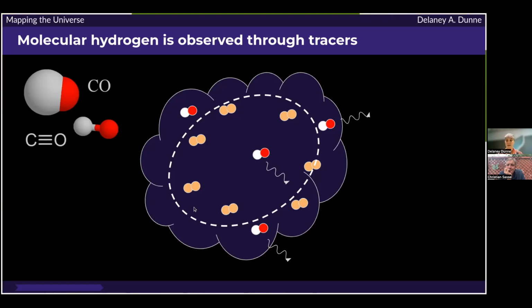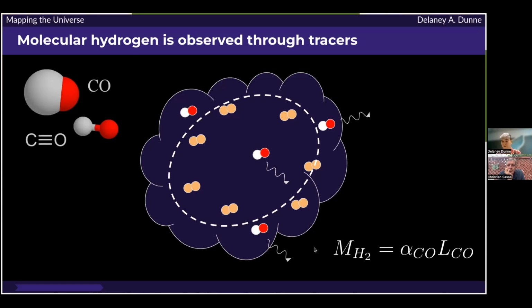And that means that because these clouds tend to be circular, there's a relationship between the size of the cloud on the sky, the surface area of the cloud, and the mass of the cloud. And then because you're only seeing the outskirts of the cloud in this carbon monoxide spectral line, you can actually extrapolate from the amount of light you see in this carbon monoxide line to the total mass of the cloud.